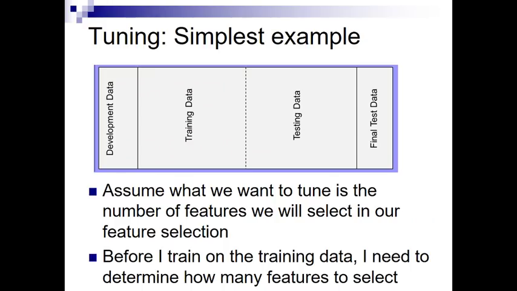Now, the simple way of doing tuning is the train test method. The hard version is cross-validation. I force you to learn the cross-validation approach because it will make you see whether you really understand cross-validation, first of all, but also because if you only have a small amount of data, that's the best choice.